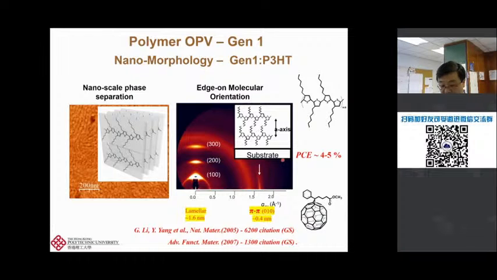So that gives us a hint of one example of how you get a good morphology for solar cells. This work was done in Professor Yang's lab at UCLA, getting good citations. Okay, thanks to the researchers globally.